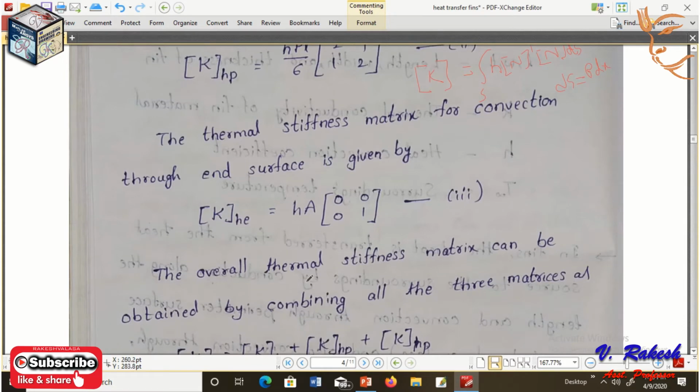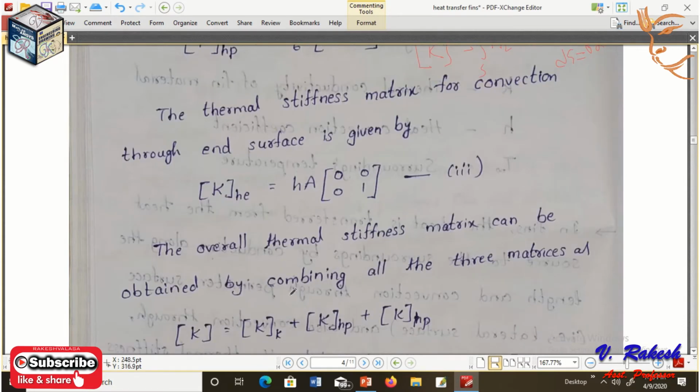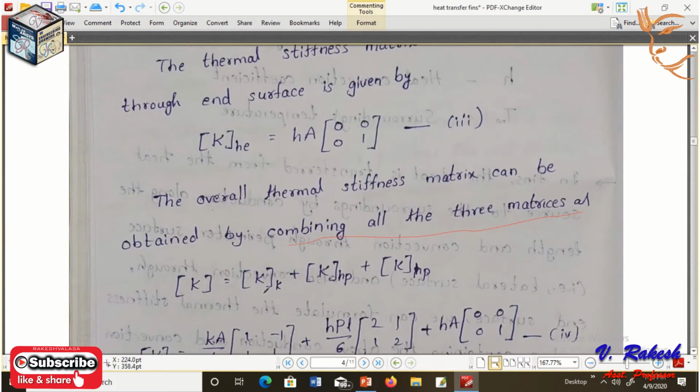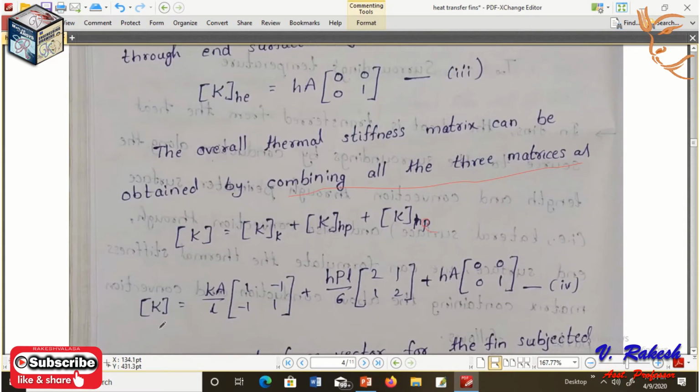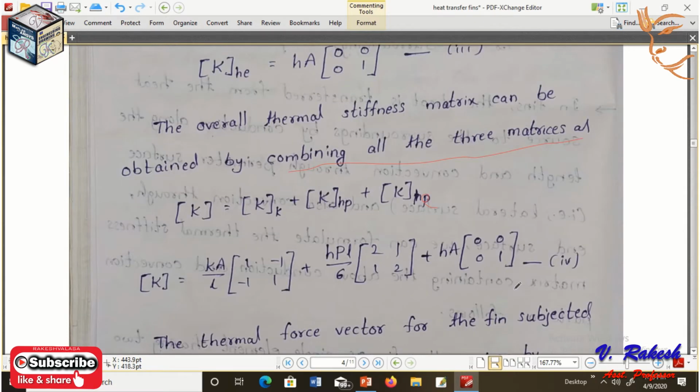The overall thermal stiffness matrix can be obtained by combining all three matrices, that is K equal to K_k plus K_hp plus K_he. K equal to kA by L [1 -1; -1 1] plus hPL by 6 [2 1; 1 2] plus hA [0 0; 0 1]. This is equation number 4.